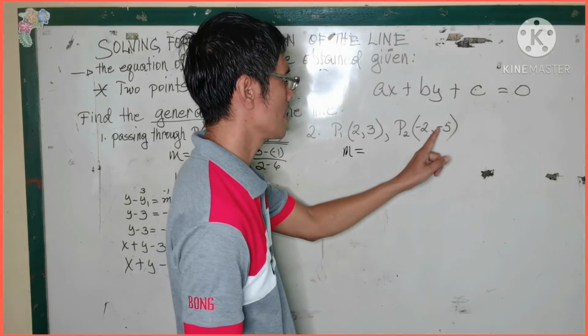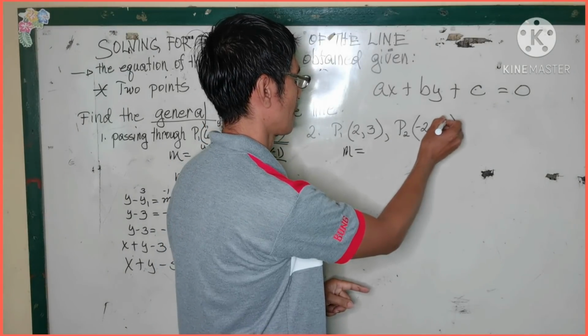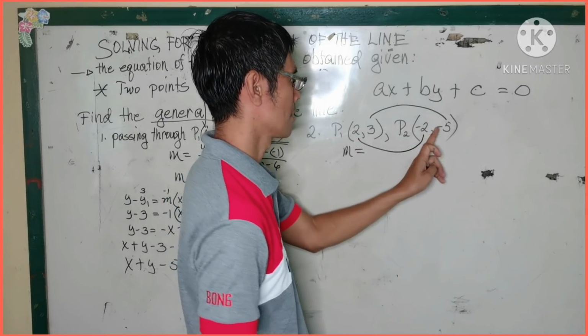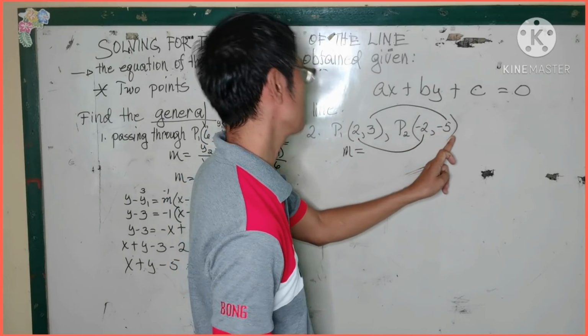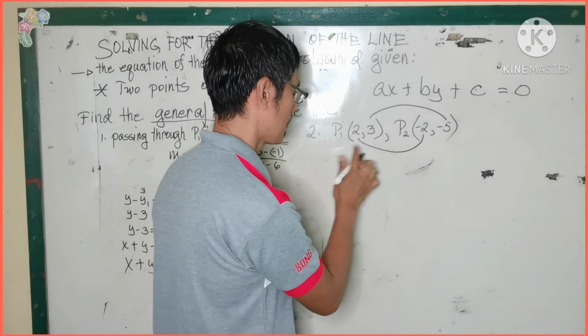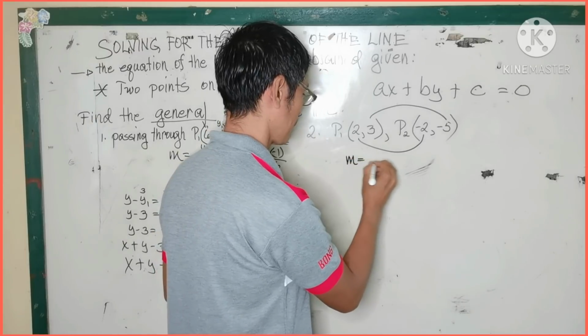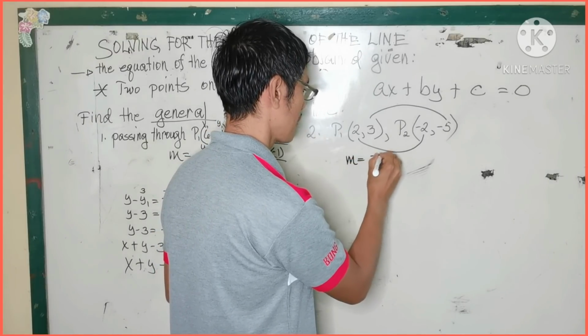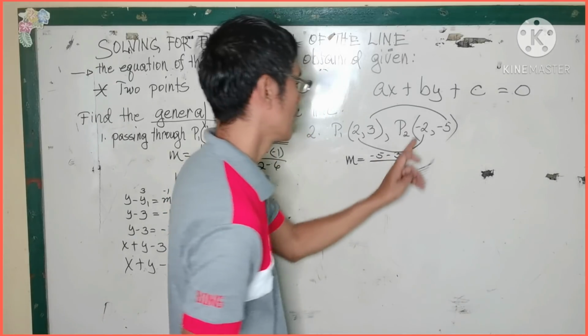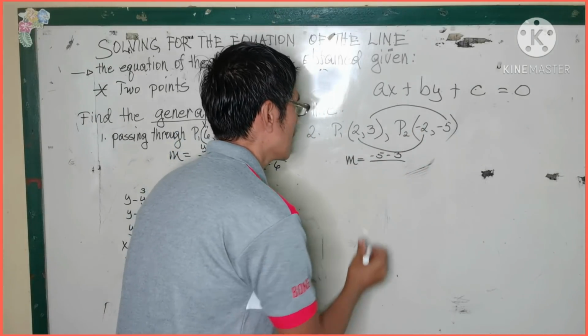So the slope, ayan, ito. There, tapos yan. Subtract. Negative 5 minus 3, so we have negative 5 minus 3 over negative 2 minus 2.